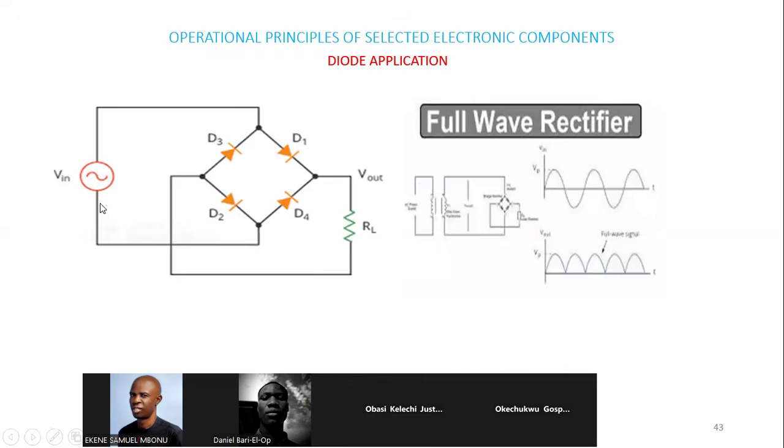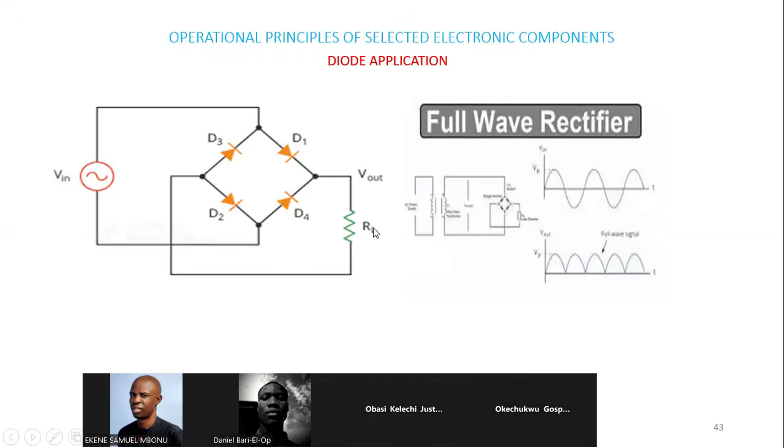When here becomes positive and here becomes negative, D1 will be reverse biased, D2 will be reverse biased, and D4 will be forward biased. So current flows from D4 through RL and then through D3 back to the source.